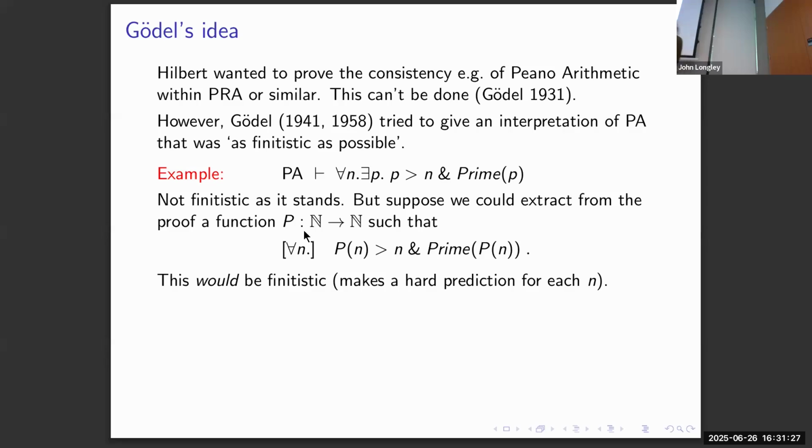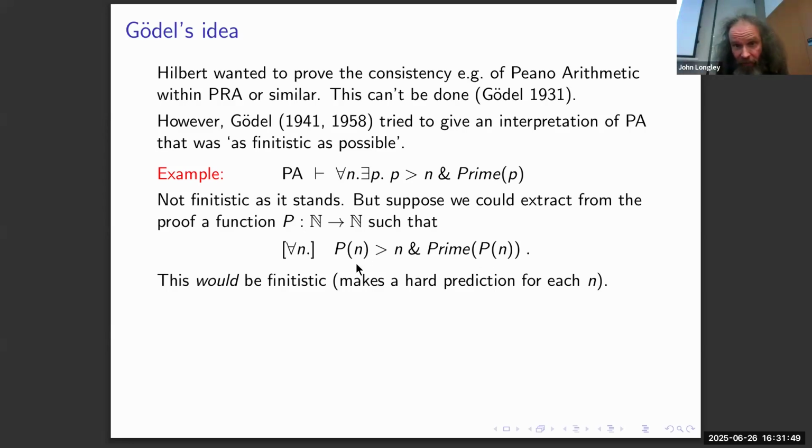But let's suppose we could extract from the proof, as indeed we can, a specific function capital P such that P produces a prime number bigger than any given n. So once you've got hold of this P, you can actually write this statement here.